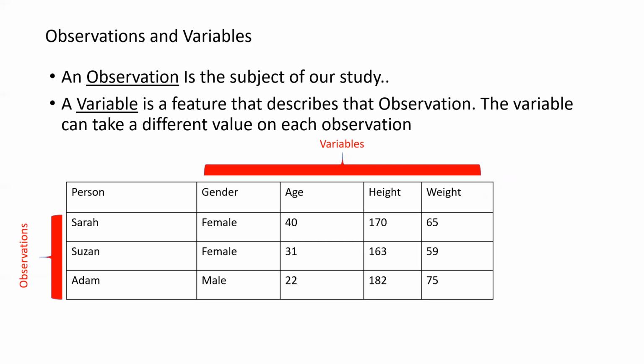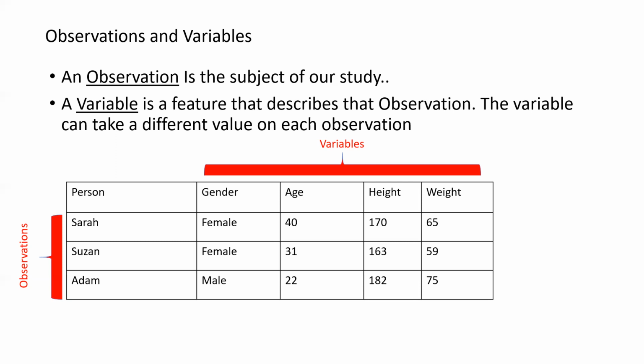For example, in this table, we can see on the left the observations as people, and we can call them records also, which are Sarah, Susan, and Adam. The variables are four, that are the gender, the age, the height, and the weight.